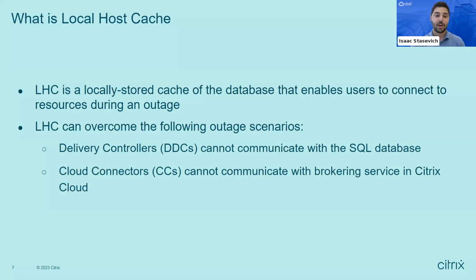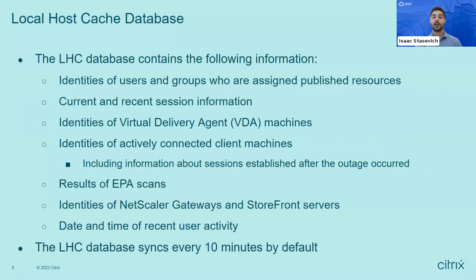So what exactly is on that localhost cache database is a ton of information that we need to continue brokering those sessions. That's going to be the identity of the users and groups that have resources assigned to them. It's going to have session information, so up-to-date session information from both sessions that started before the outage and during that outage. It's going to have the identities of the virtual delivery agents that your users are actually connecting to. Any actively connected client machines, it's going to have information about those as well.